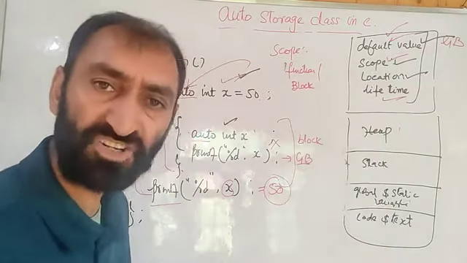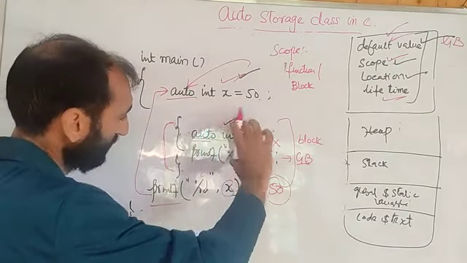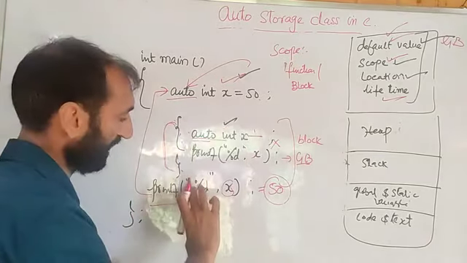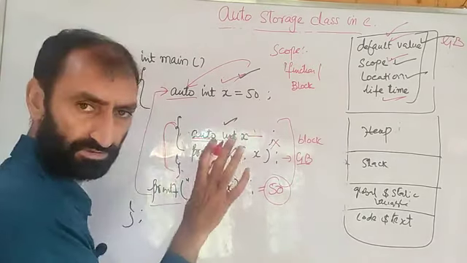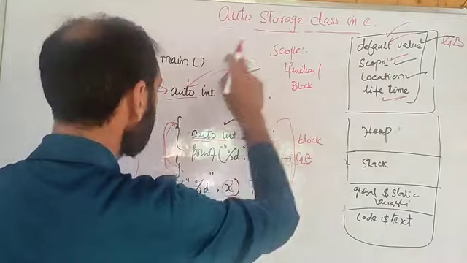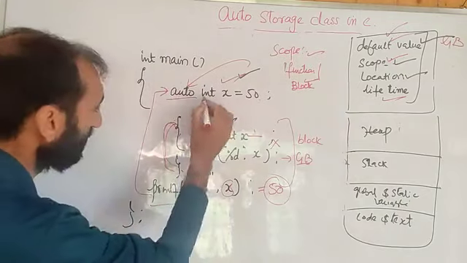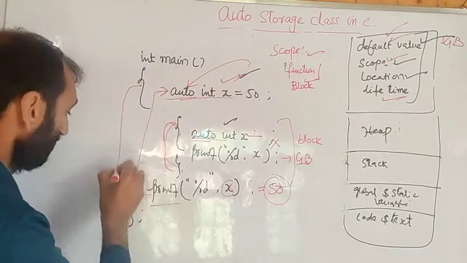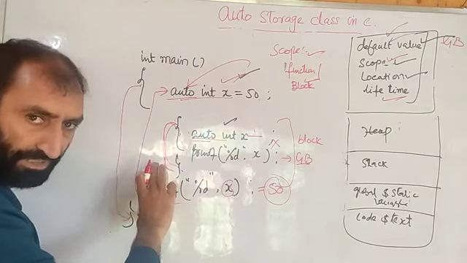This scope can be either function or a block, because I have declared this variable inside this block, and I can access this x only within this block, not outside it. Because this x, which I declared as auto x equal 50, has a scope from this opening brace to the closing brace. That means within a function.